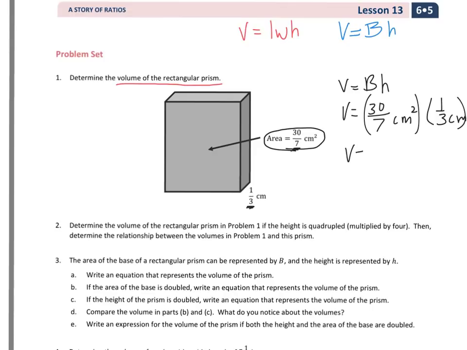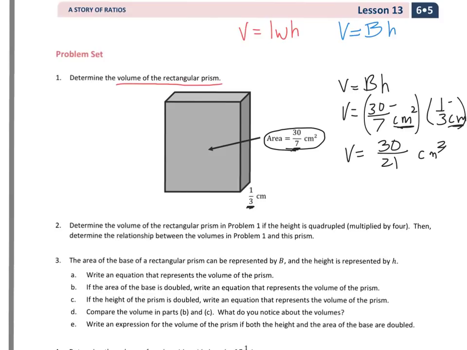My next thing then is to multiply. And I'm going to multiply across. So 30 times 1 is 30. 7 times 3 is 21. And I'm going to bring my units. I have centimeters squared times centimeters, which means centimeters cubed.